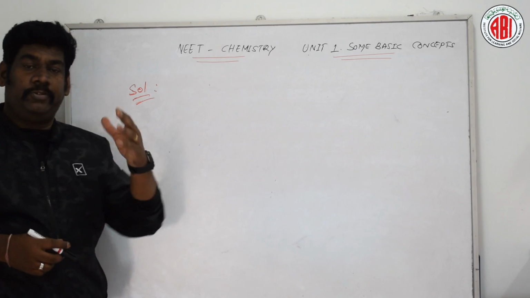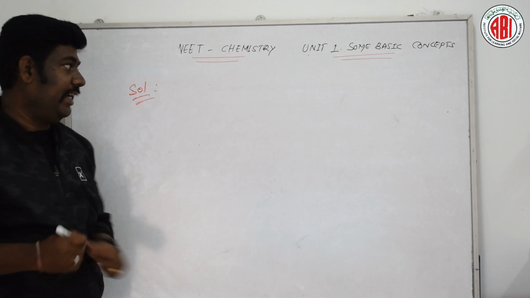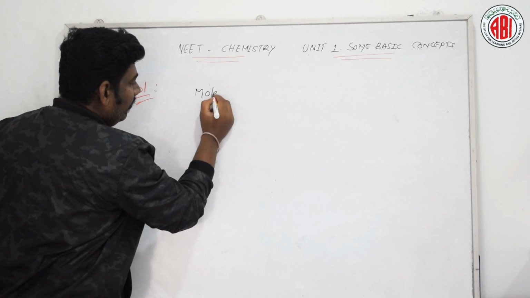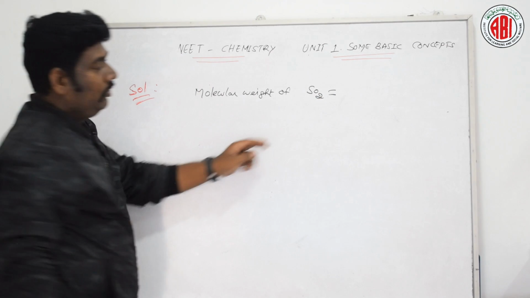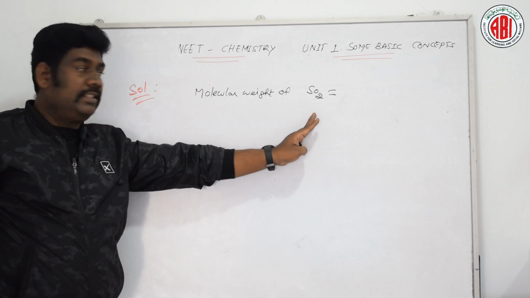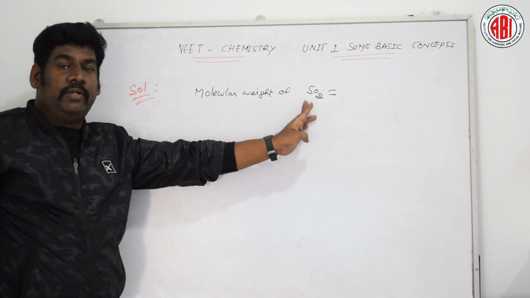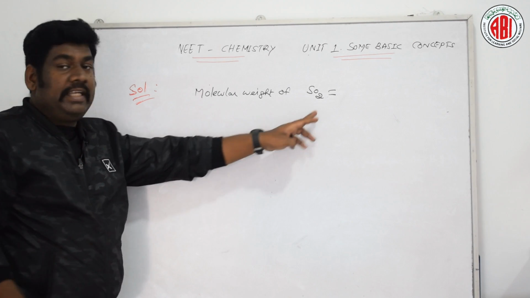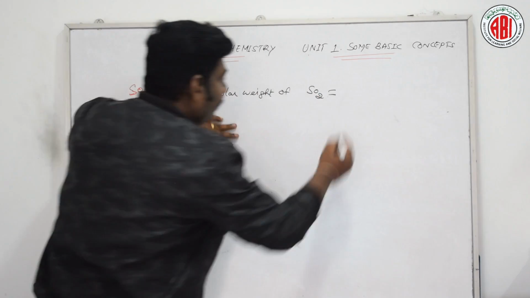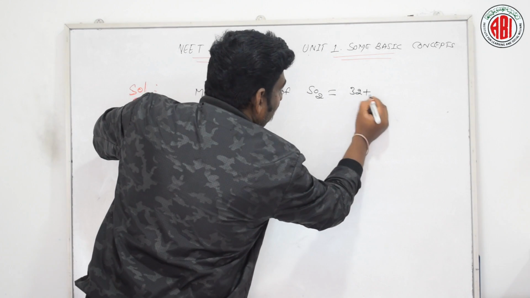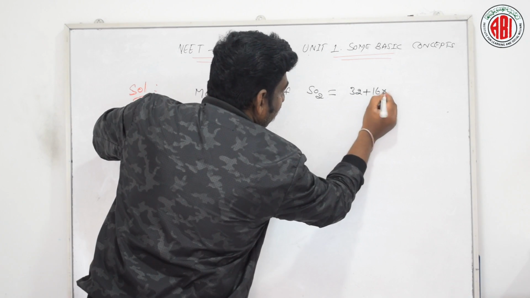First we should find the molecular weight of sulfur dioxide. For sulfur it is 32 and for oxygen it is 16. Here there are 2 atoms of oxygen, that is 2 into 16. Therefore 32 plus 16 into 2.